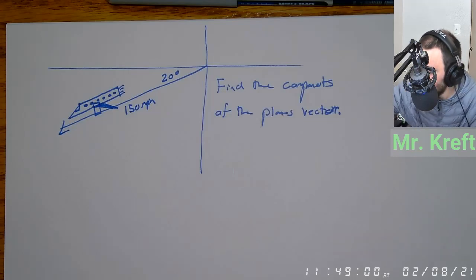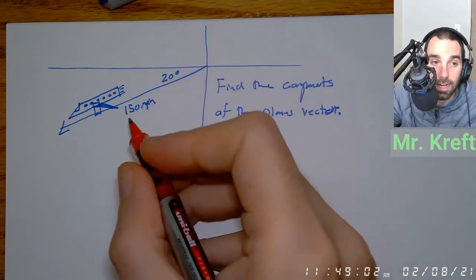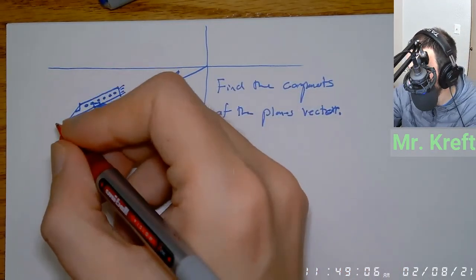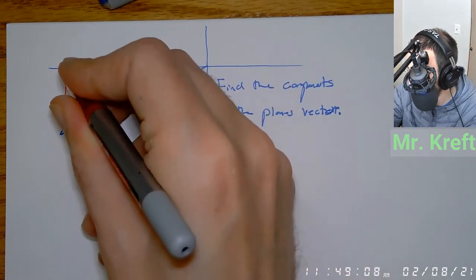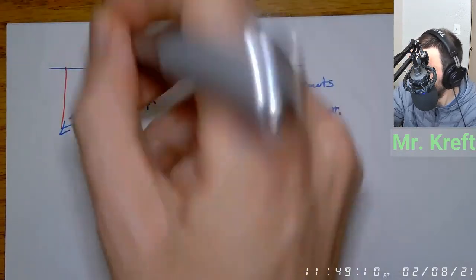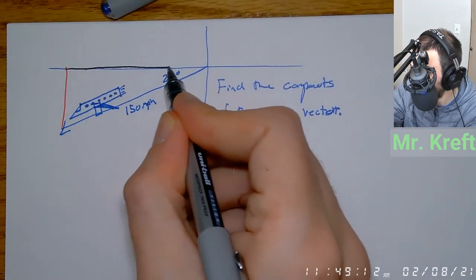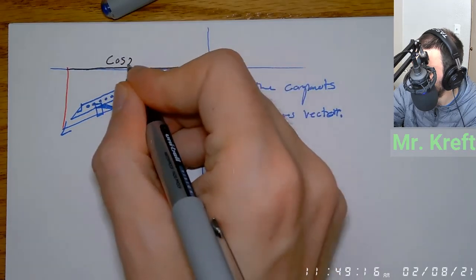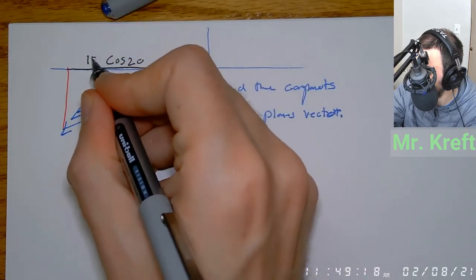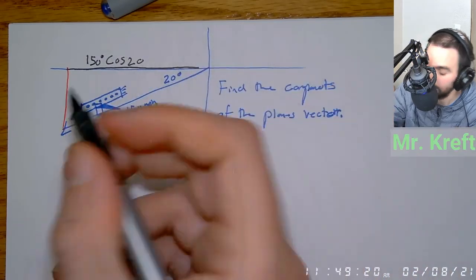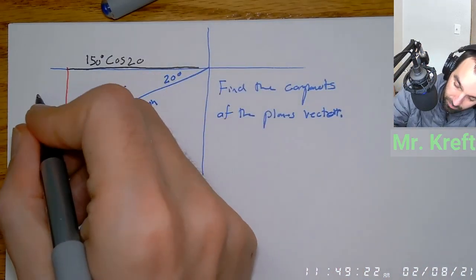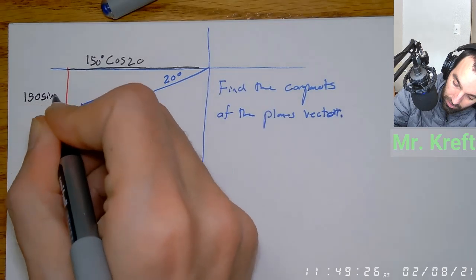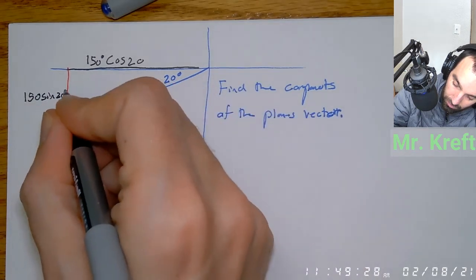To do that, we have a magnitude and we have a direction. So we're going to break up this triangle into x and y parts. This is going to be 150 cosine of 20, and this is going to be 150 sine of 20.